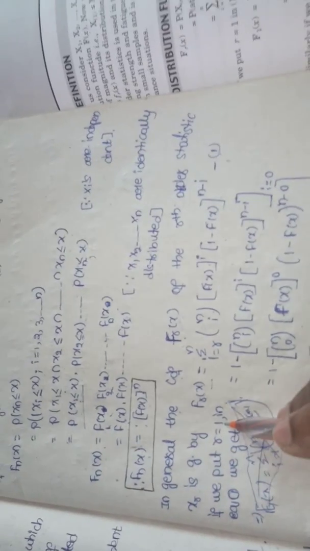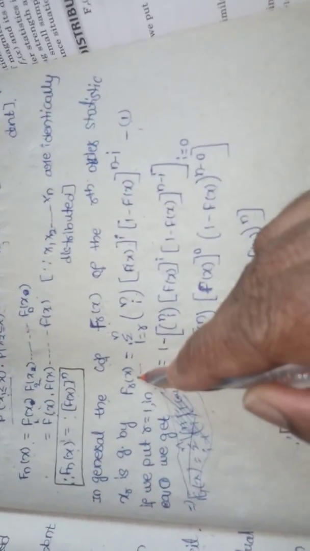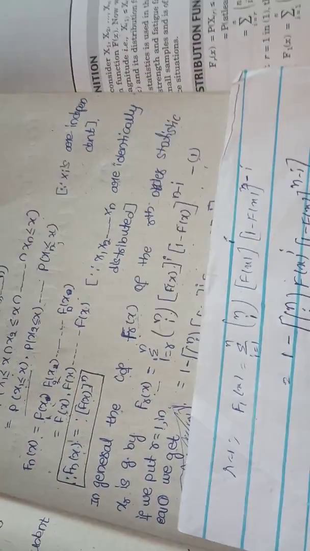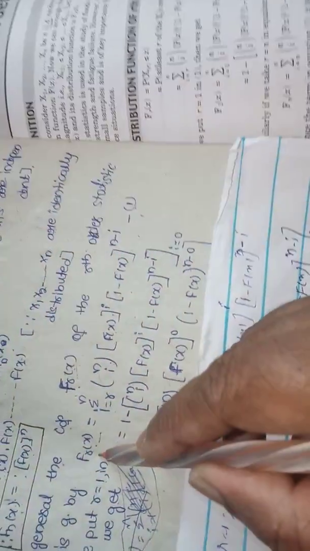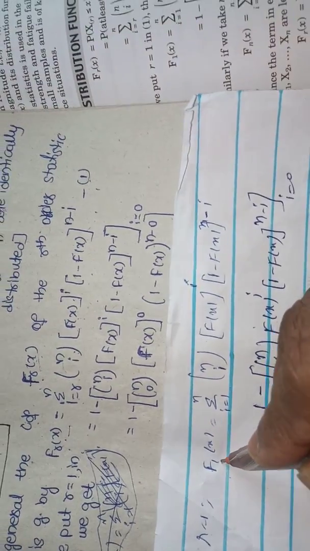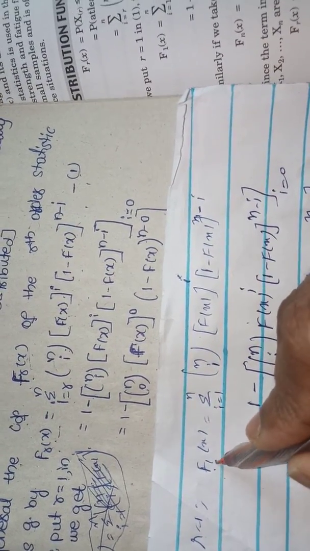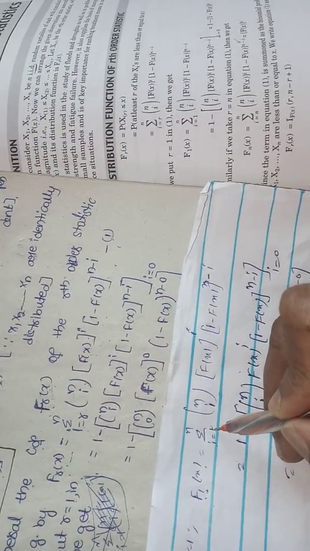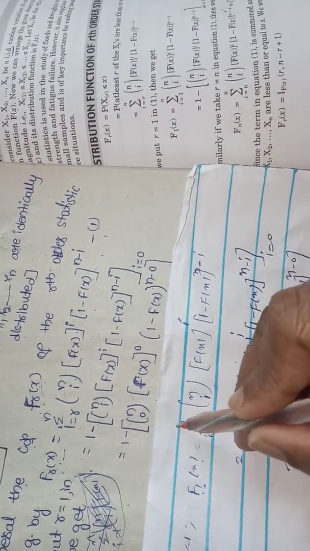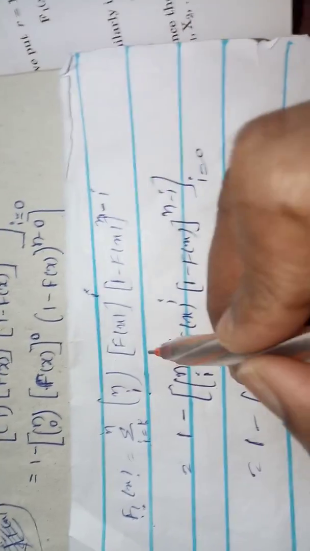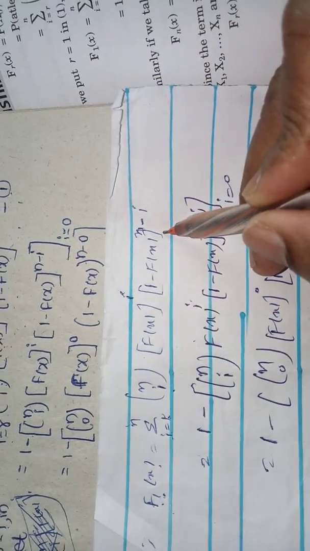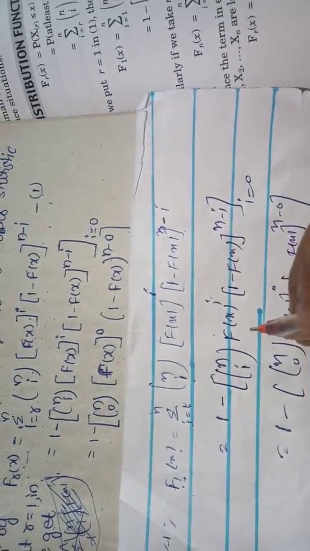So if you put r equals 1 in the first equation, this is the first equation. Suppose you substitute r equals 1 wherever r exists, the LHS becomes F1(x) equals summation i running from 1 to n, nCi F(x) whole power i times (1 minus F(x)) whole power n minus i.